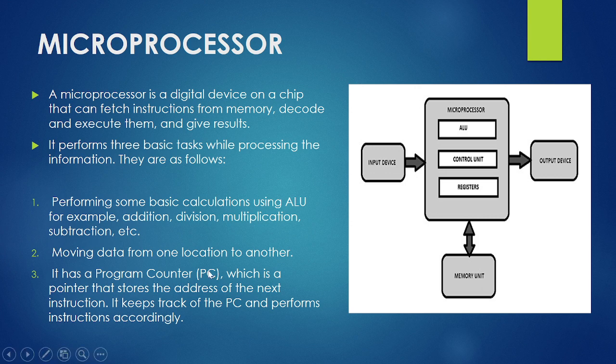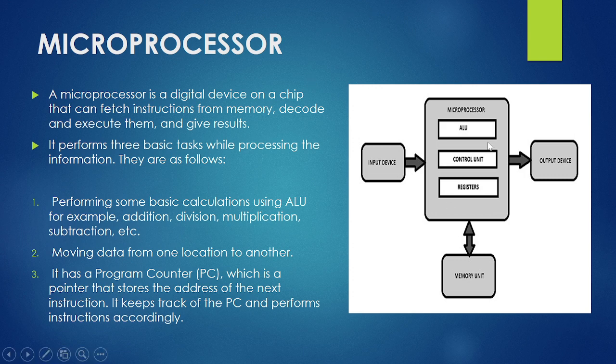Here we can see that the microprocessor contains the ALU, control unit, and registers. The ALU performs the operations, the control unit controls all the operations that are happening, and registers store the data.